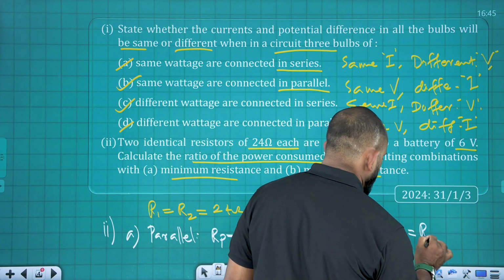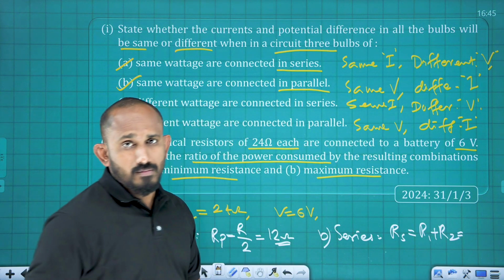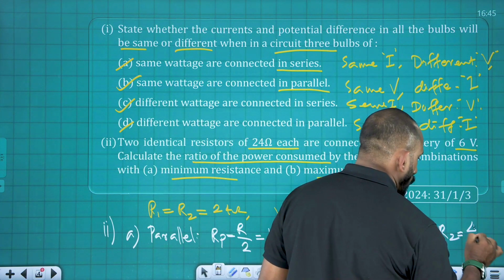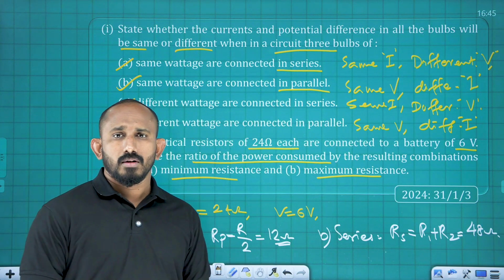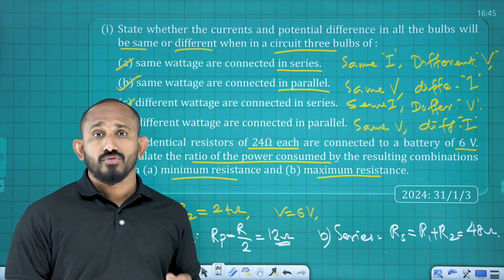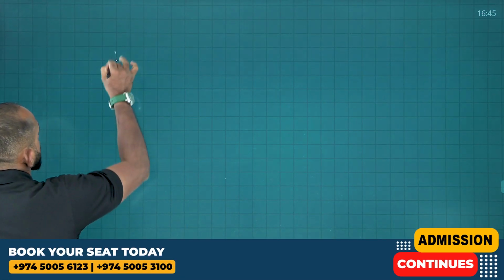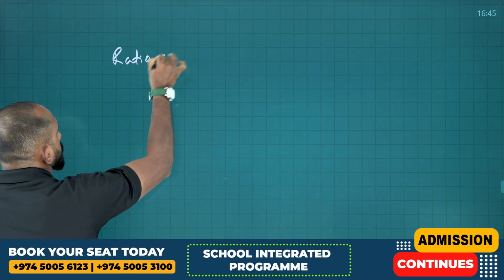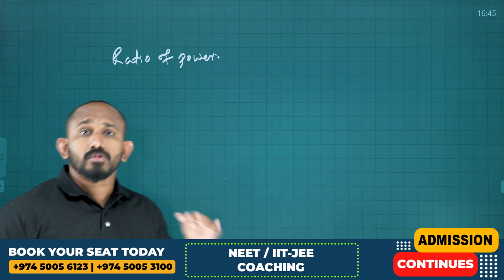So it will be 24 plus 24. That is how much? 48 ohm. So that is series combination. Now you have to find the ratio of the power. The ratio of the power in minimum to maximum is asked.